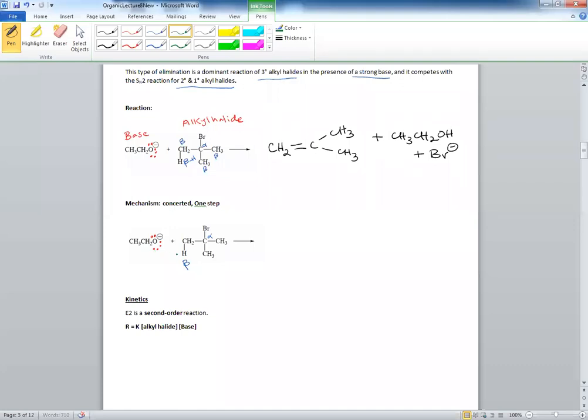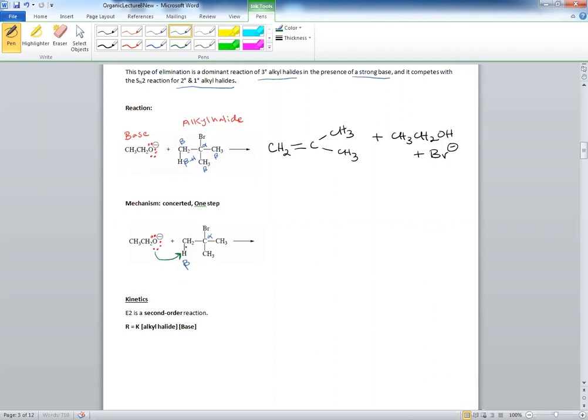In order for H to be eliminated, it has to be removed. So this lone pair, in an acid-base reaction, forms a bond with the H. Remember, H can't form more than one bond. So the electrons, you might be thinking they go back to the CH2, but that wouldn't make it one step. That would make it multiple steps.